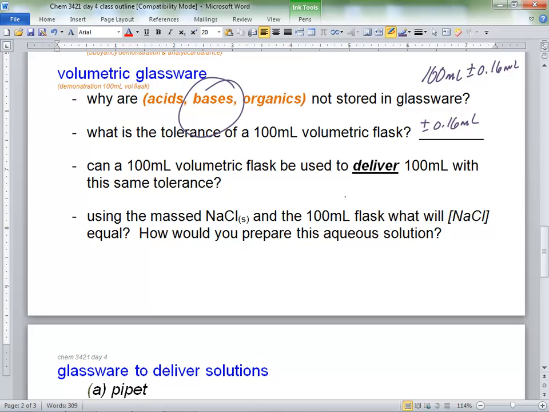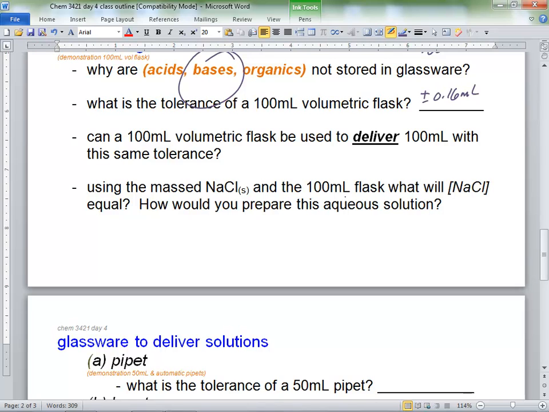Okay, so what did you get as an answer for the concentration of sodium chloride? Did anybody get it? 0.924 molar. So you took the grams and divided by the molar mass. I hear 0.0158 molar. No, that's grams per liter, not moles per liter.